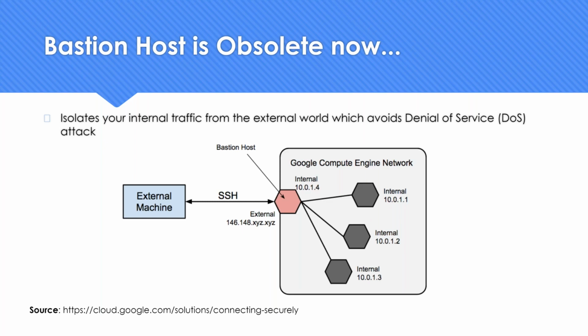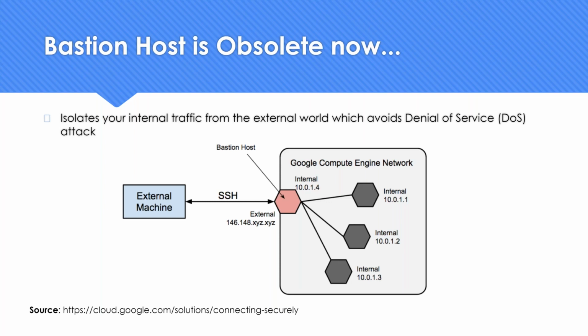But with GCP, forget the last demo which I showed. That was slightly off topic, because people asked this question. In that demo we used a bastion host, but it was using internal IP addresses, not external ones.